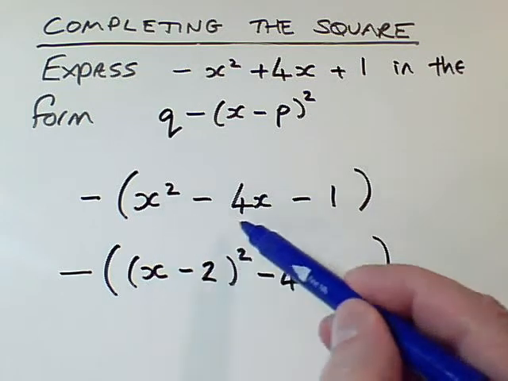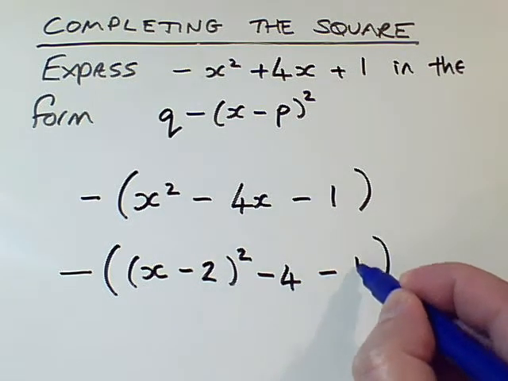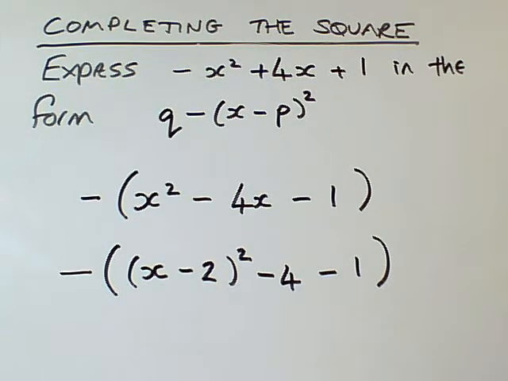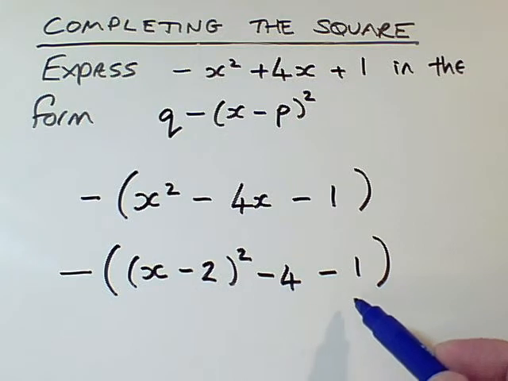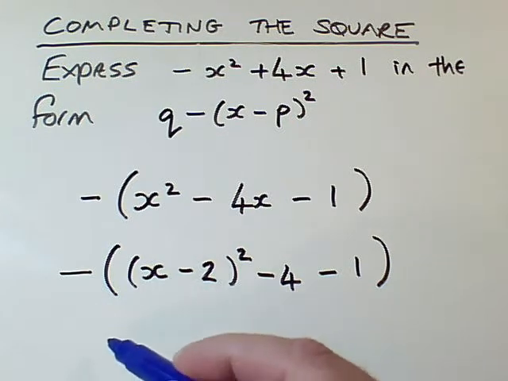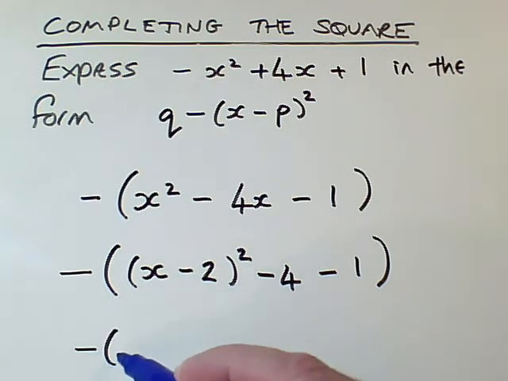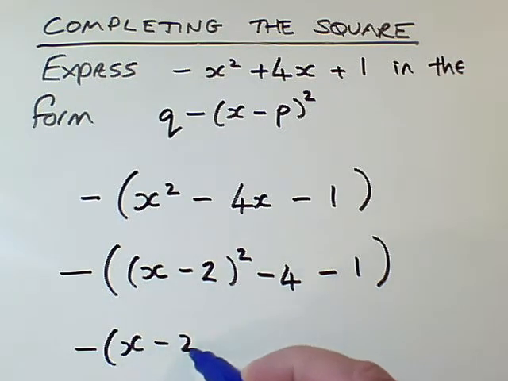So I've now dealt with the x squared minus 4x, but I mustn't forget about the minus 1. Put that in as well. And I'm nearly there. Now I can simplify my minus 4 minus 1 now, or I can multiply out by the minus. I'm going to do the second one. I'm going to do minus 1 times the bracket. So I just write minus and then the bracket. I don't try and do anything fancy.